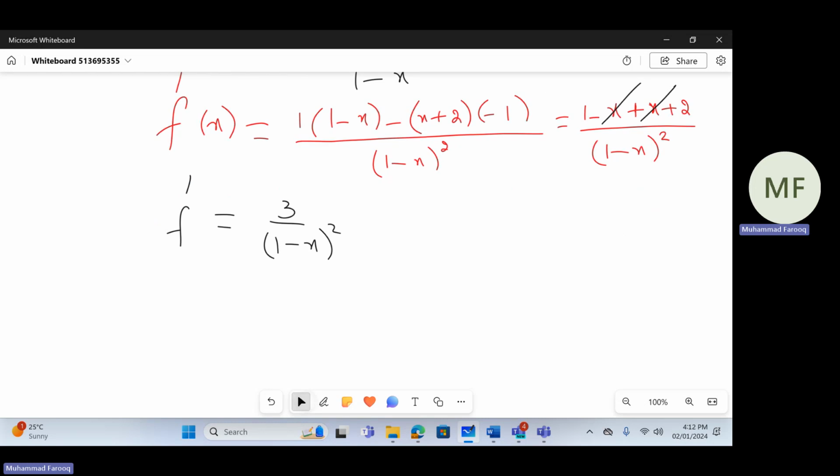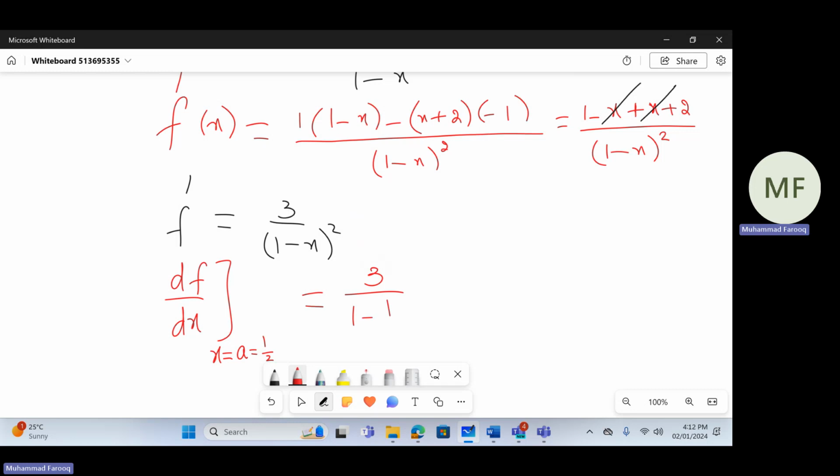As per the question, the derivative of the function is at x equals A, and A is half. So substitute 1 minus half, squared. What answer? 12. I did not do anything else: I calculated the function derivative, substituted x value half, and got the answer 12.